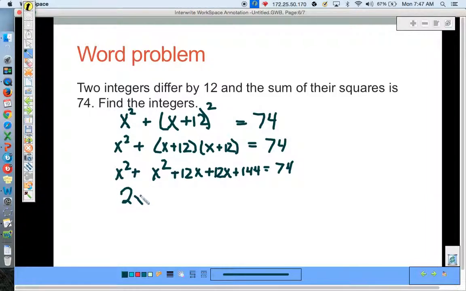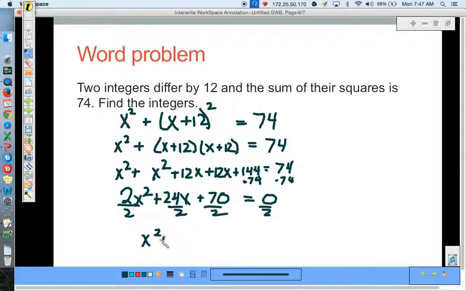So now we have 2x squared plus 24x. Let's see, if we subtract the 74, then we'll have 0 over here. So we have plus 70. And that looks pretty big to multiply, so I'm going to divide out a 2 out of all these.